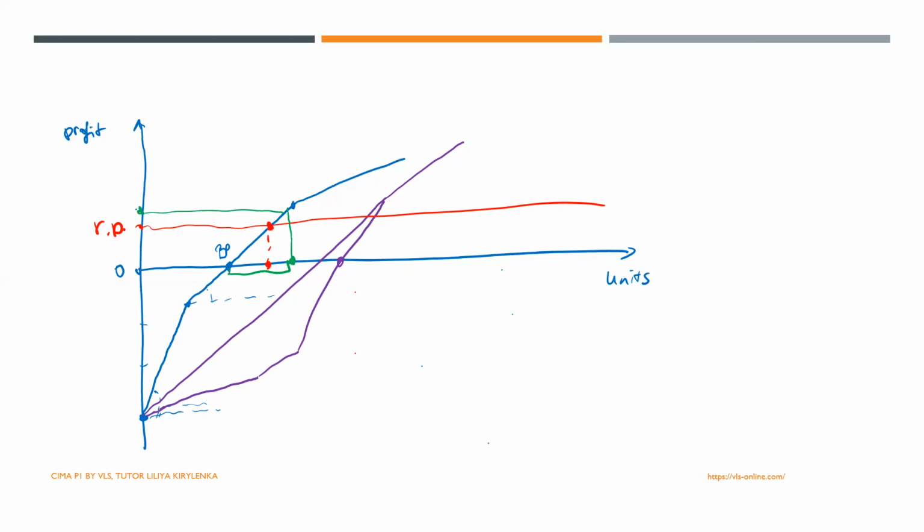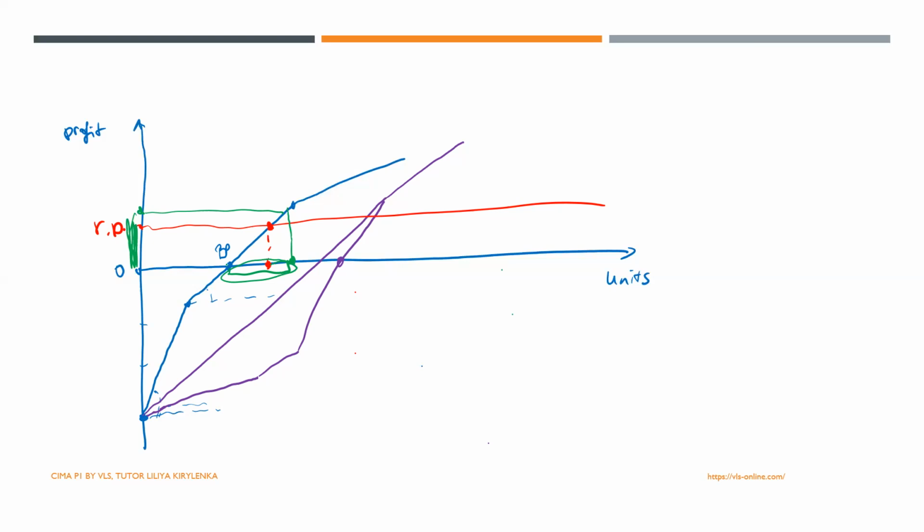And that is good. So you will need to be able to look at the graph and tell the examiner what is the margin of safety. So this is the margin of safety in units, and this is the margin of safety in dollar value. What is the total cost?